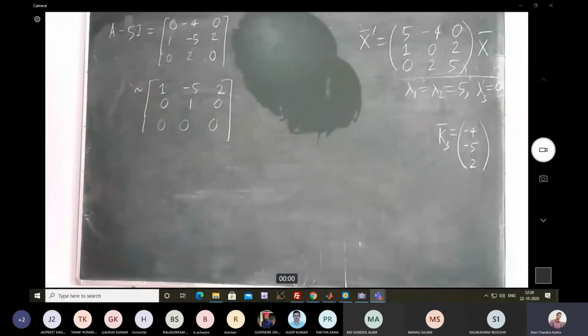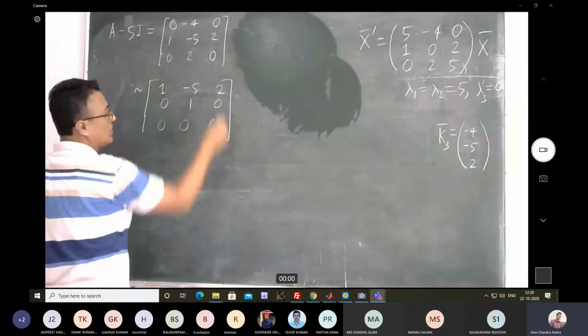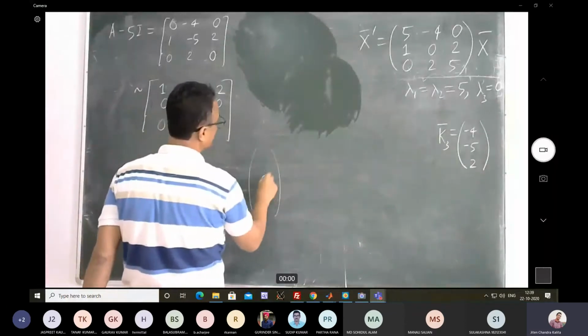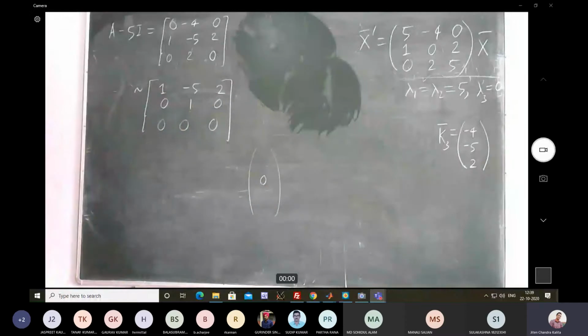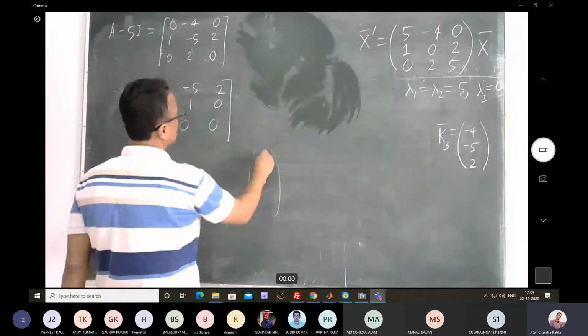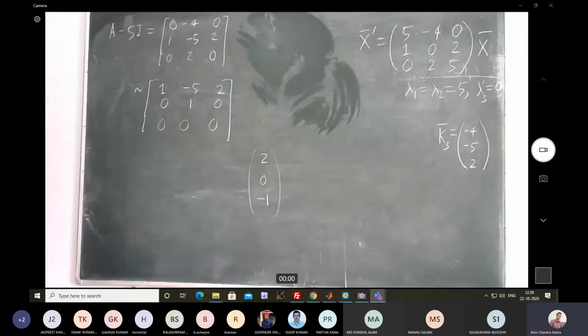Fine. So now obviously, because this is 1 0, my second component has to be 0, right? Isn't it? Yes, sir. And about the first and third, I don't have any choice. I can have 2 minus 1. Is it okay? Yes, sir. 2 minus 1.